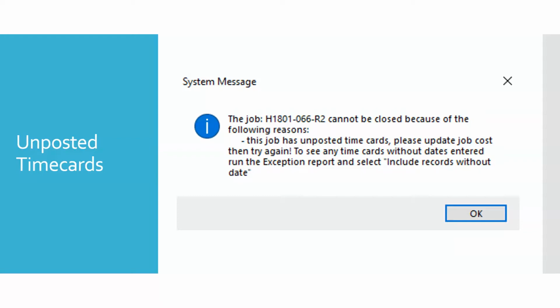This notification provides you with some instructions on how to solve the error. Either you process or update job costs, or you can run a report called the exception report and choose the option to select records without a date.